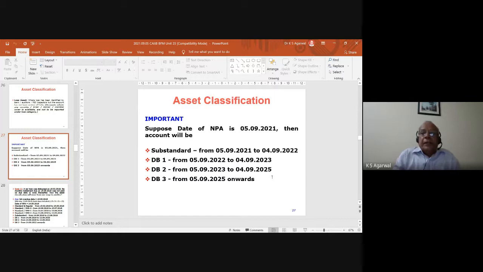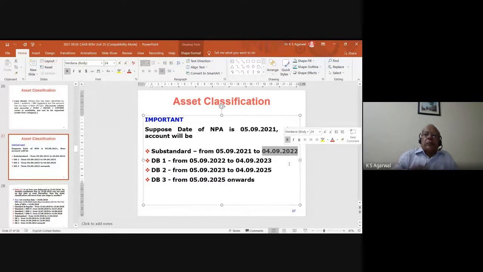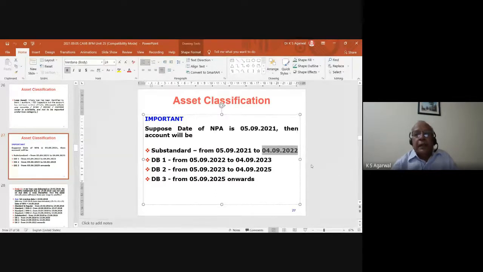Now, if they ask you to calculate provision on 4th September 2022, on this date you have to calculate provision at the rate applicable to substandard advances. But on the other hand, if they ask you to calculate on 5th September 2022, then you have to apply rates which are for DB1 category.